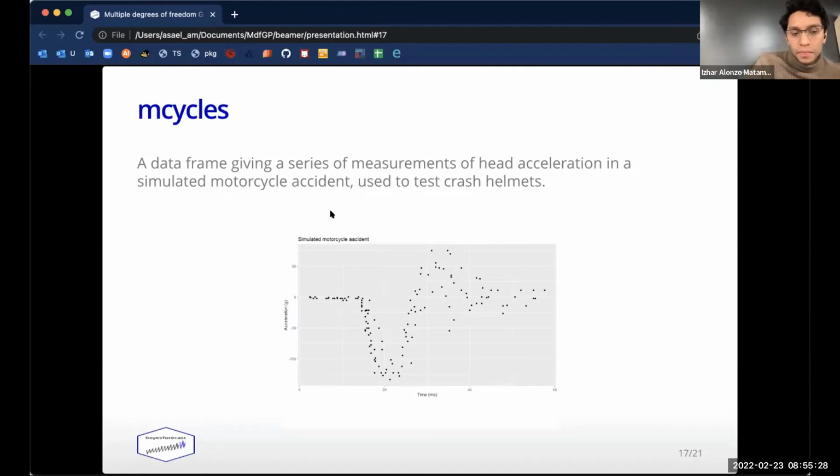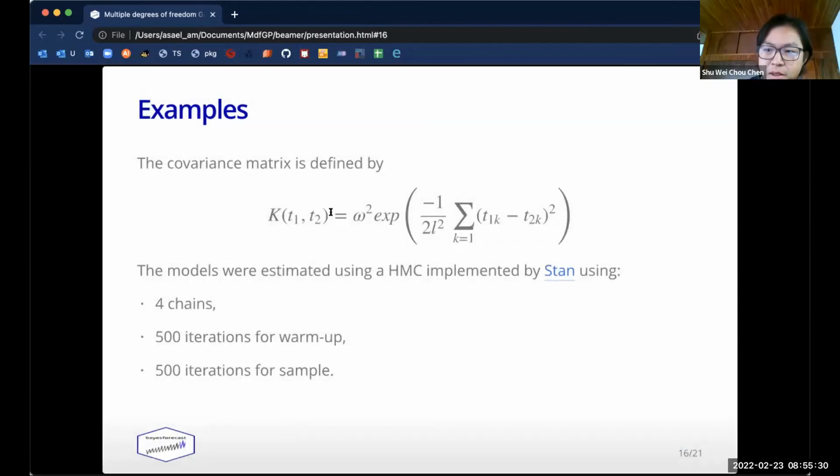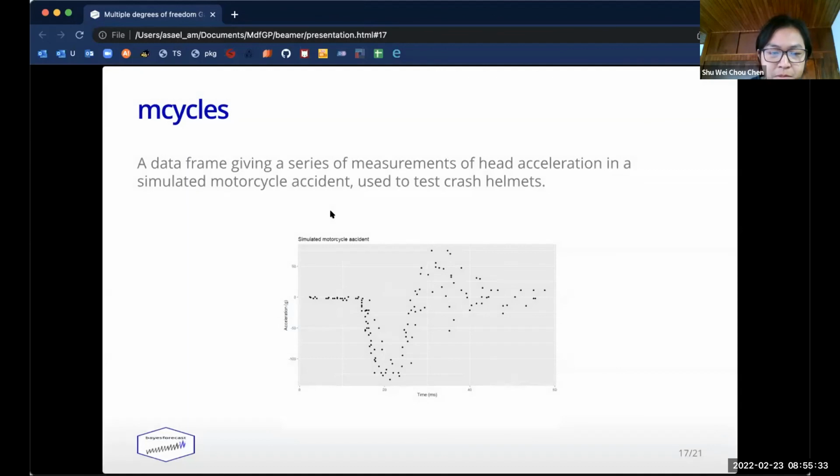The parameters you used to simulate the first example. Oh, no. This is a real data set. To generate that data, they simulated the motorcycle accidents. Ah, okay, so it's not simulated data. It's real data: in the experiment to get this data, they grab a motorcycle with a robot or whatever, and they make it crash. So it's a simulated crash.